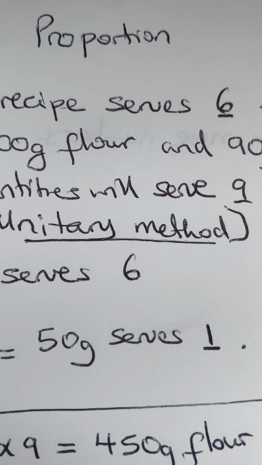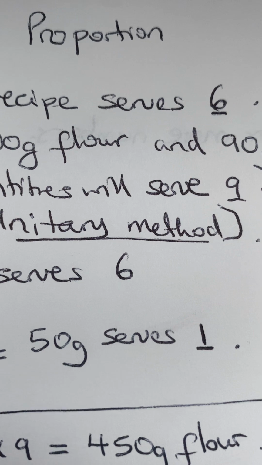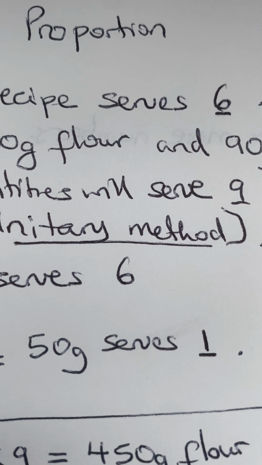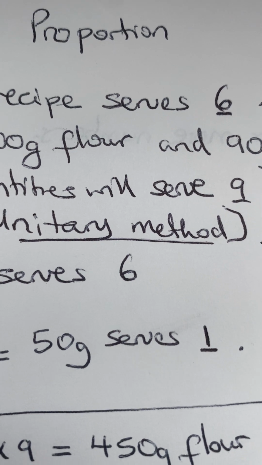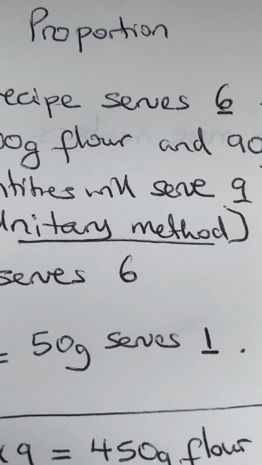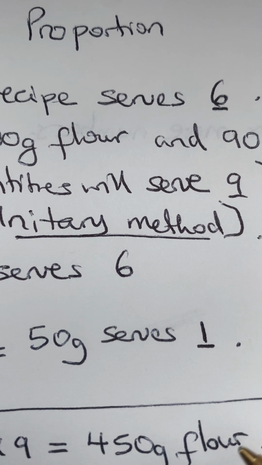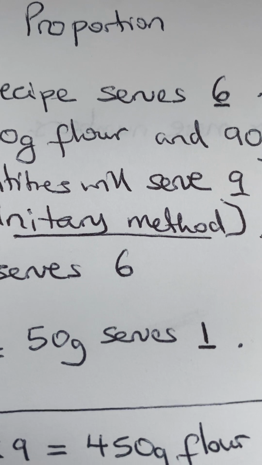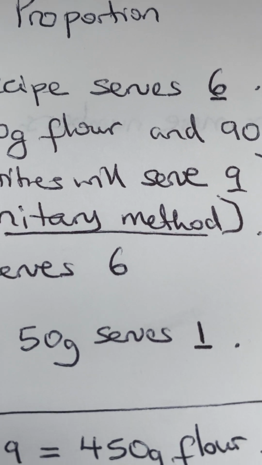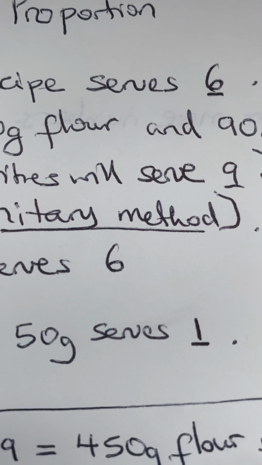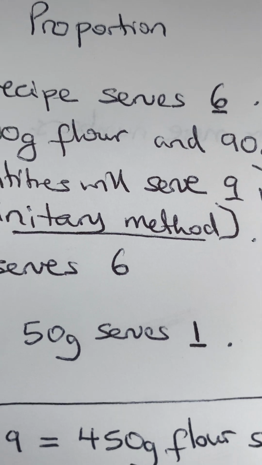So if we say that 200 grams will serve 4 people, it means 50 grams will serve 1. And if we know how many will serve 1, then we can find how many will serve 10, 20, 15, or whatever number. So this is the principle I'm going to use here.